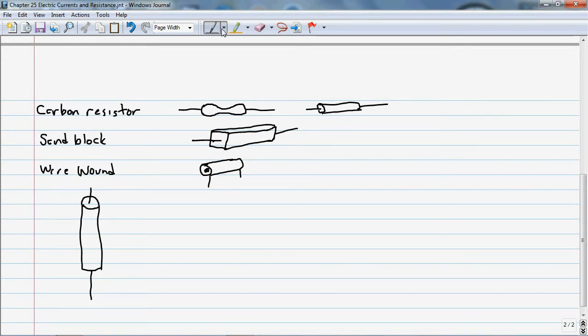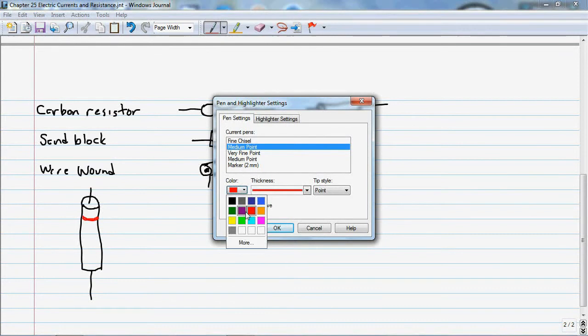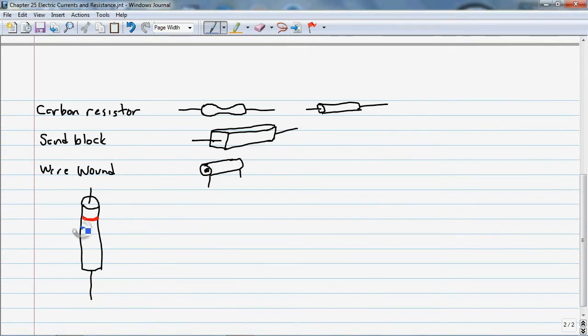And you're going to have different bands across the resistor. And it's going to look something similar to this. And the band that's closest to one of the ends is the one you're going to start with when you go to make your measurements.